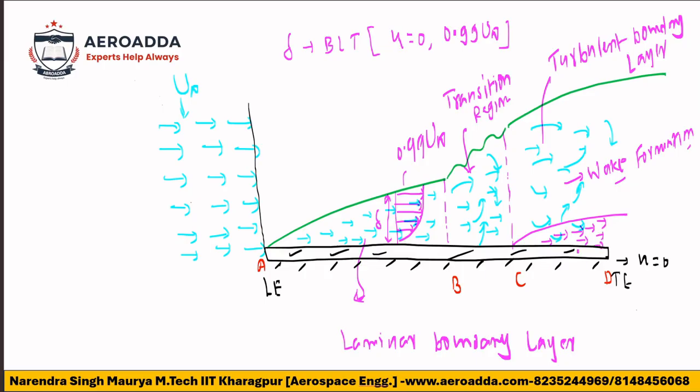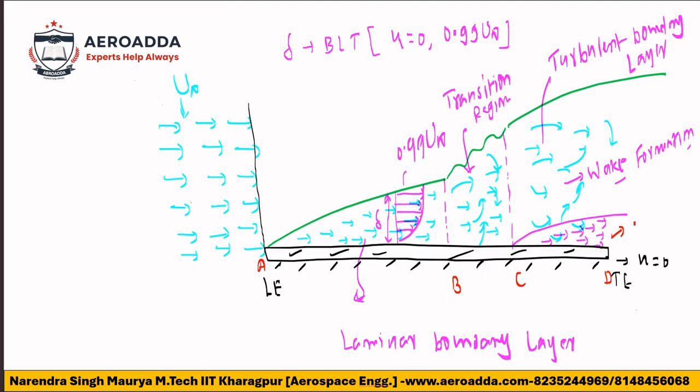On the surface of the plate velocity is 0, so it will start varying, 0 to 1 meter per second, 2 meters per second, 3 meters per second. So here again the velocity is very less. But if you see here, the velocity is not well defined. So this question can be asked to you: where can a laminar sublayer exist? The laminar sublayer will always exist in a turbulent boundary layer.